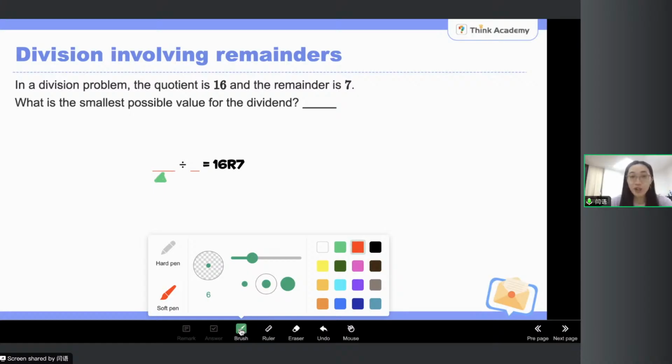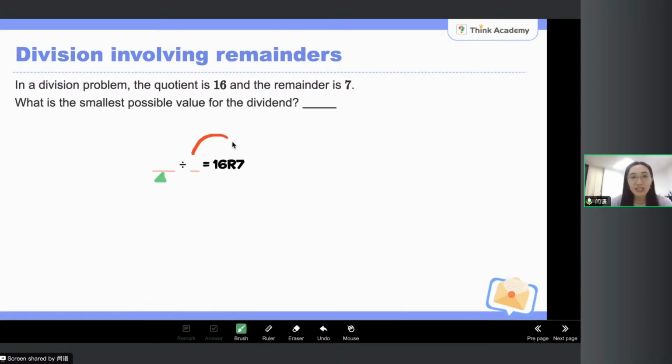Just now, I showed you the relationship between the value of the divisor and the value of the remainder. Think about it. You need to make sure that the total is as small as possible, right? In other words, you need to make sure that the divisor is as small as possible. So what is the smallest possible value of the divisor?